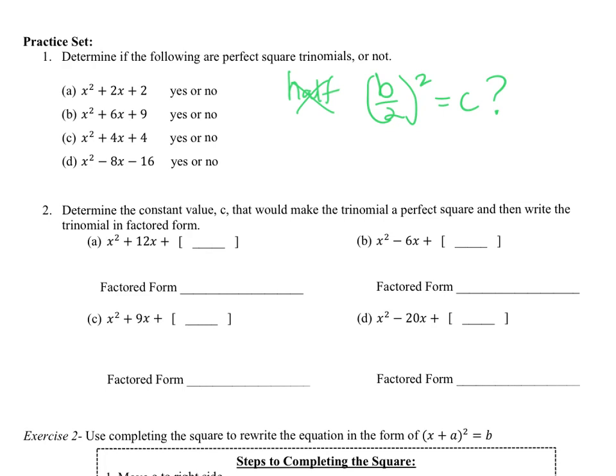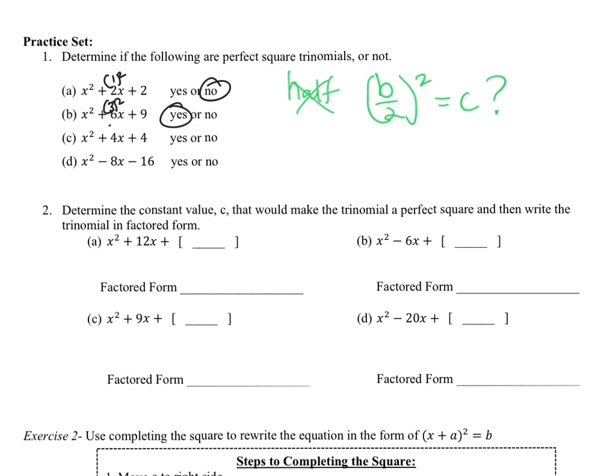So is half of 2, 1? Is 1 squared equal to 2? No. Half the middle term squared, does that equal C? Is half of 6 squared equal to 9? Yes.